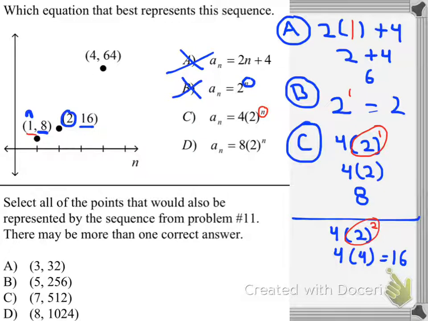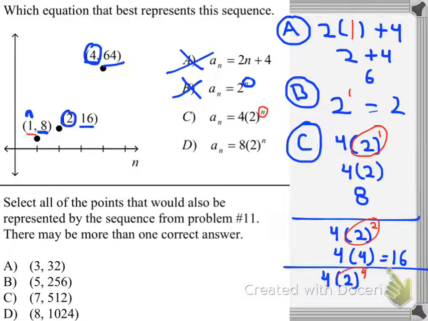Now, if that is the correct equation, then when I plug in a 4, it should give me a 64. So let's try it. That'll be 4, and instead of the n, the exponent, I'm going to plug in a 4.